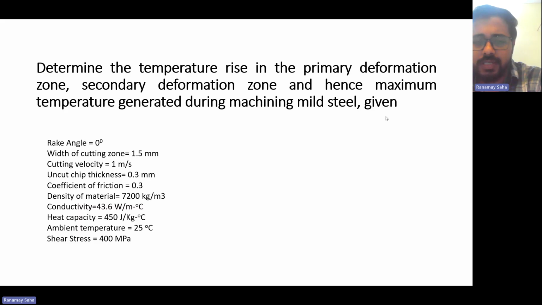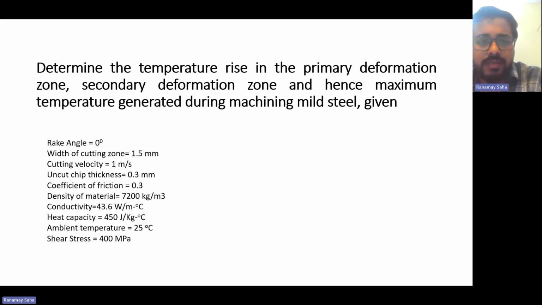Tool wear is again minimum, and hence heat is also minimum. But the significant deformation zones, which lead to a significant amount of heat generation and hence temperature rise, are the primary and the secondary zones, right? The primary zone is where the tool surface interacts with the chip, and the secondary is where the shear surface of the workpiece interacts with the chip.